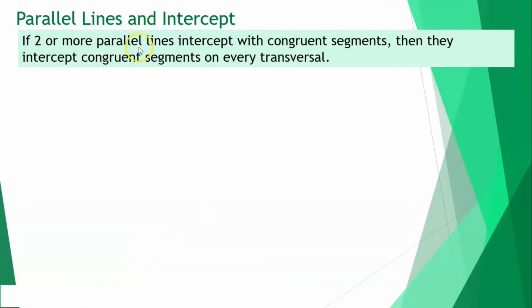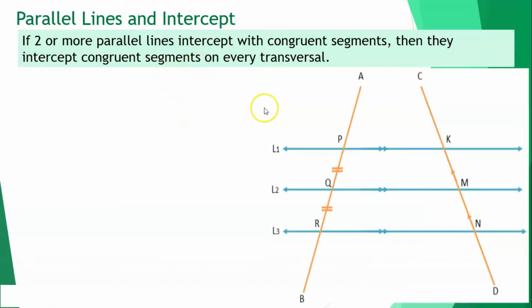Okay, next. Another is the parallel lines and the intercept theorem. It states that if two or more parallel lines intercept congruent segments on one transversal, they intercept congruent segments on every transversal. Given this, A and C here are transversal lines. Line 1, line 2, and line 3 are parallel.